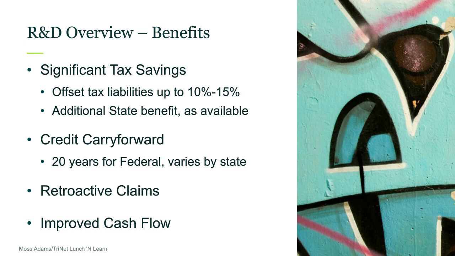As I mentioned, you can carry the unused R&D credit forward for 20 years. And there are also carry forward benefits in each of the states, but it varies state to state. You can claim the R&D credit retroactively, and overall, the credit provides an improved cash flow for companies.